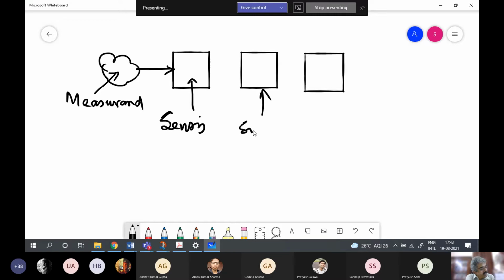Here you have the signal conditioning, our block diagram that we considered. And here we have signal processing.